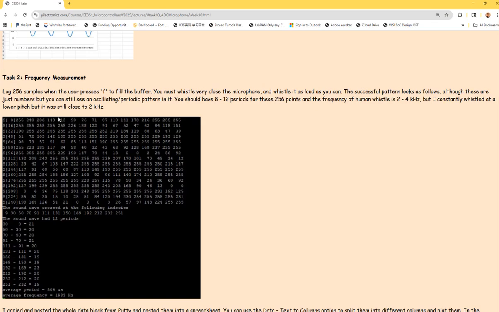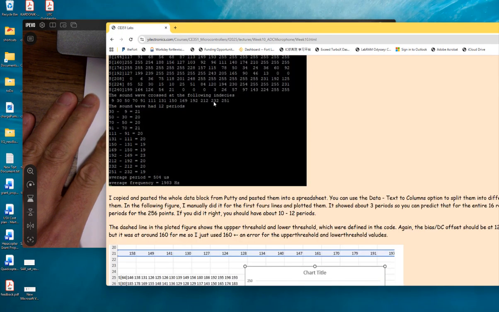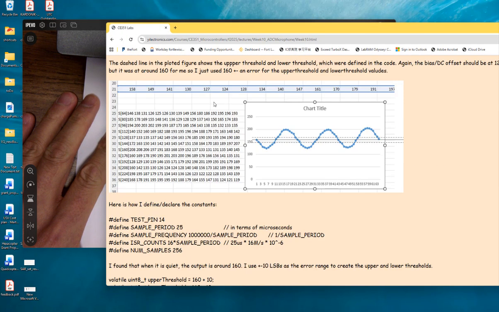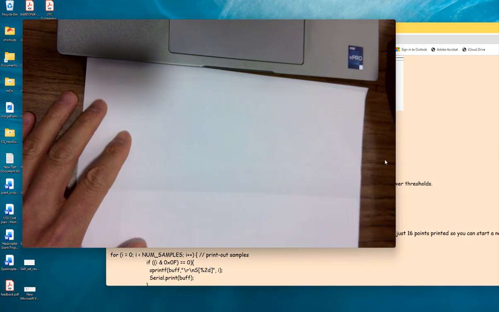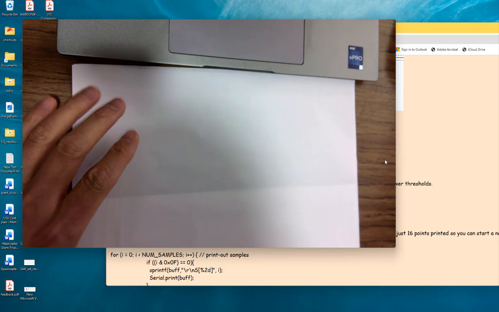So what the sample frequency should be? I put a hashtag define sample period and then 25, and then I start to define the sample frequency, right? So I do a hashtag define sample frequency. So how should I define that? Let me write it down on the paper, just in case you are not getting that.